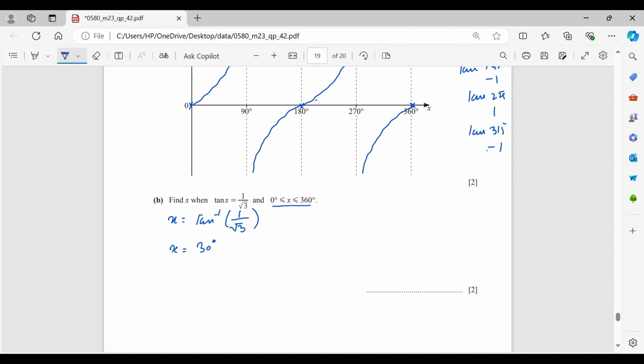As we know, this is first quadrant, here all positive, here sin positive, here tan positive, and here cos positive, right? So tan is positive in the third quadrant, so here will be 180 plus theta. So another x value will be 180 plus 30 degree. So x will be equal to 210. So our answer is 30 degree and 210 degree.